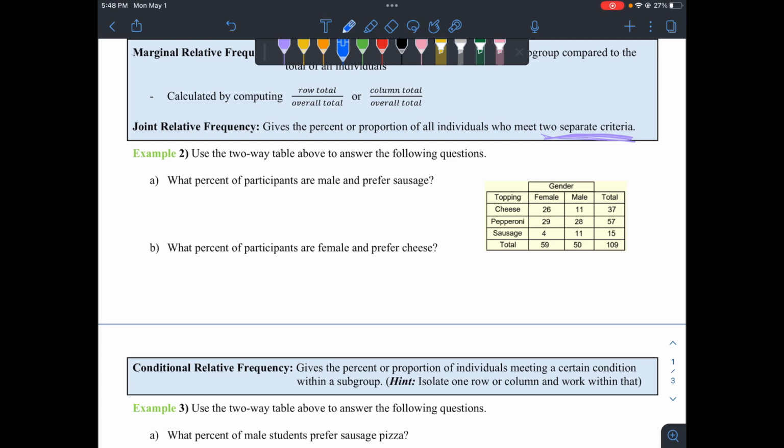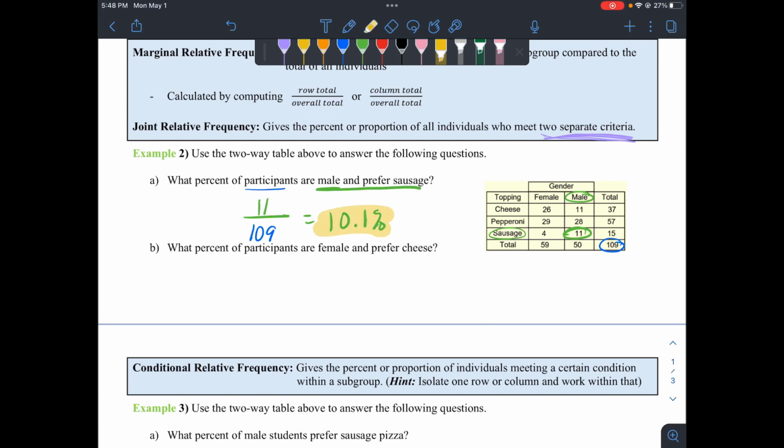So again, we're looking at the total number, 109. We want to know how many are male and happen to prefer sausage. So I have 11. So again, if I divide, I would get 10.1%.